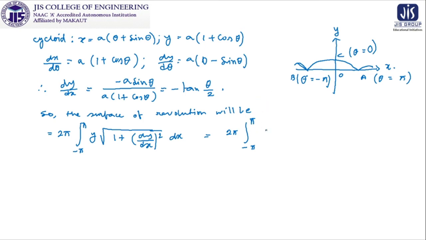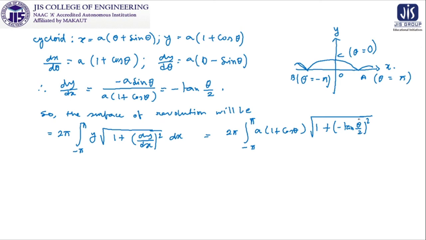In place of y we can write a into 1 plus cos theta, as given, and then root over 1 plus dy dx, which we have calculated as minus tan theta by 2. After squaring it, we write minus tan theta by 2 whole square, and then dx is required.